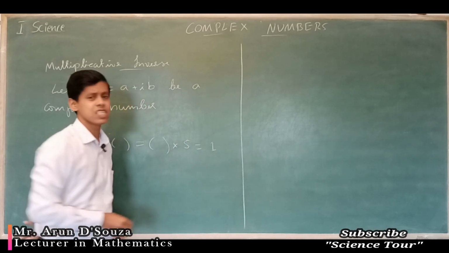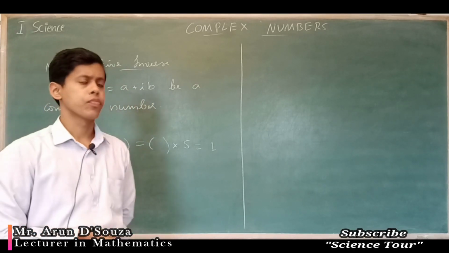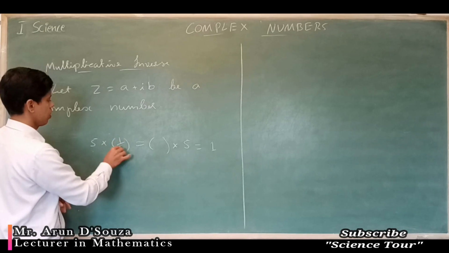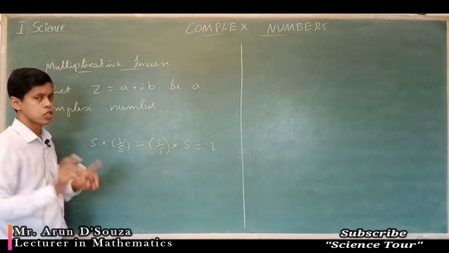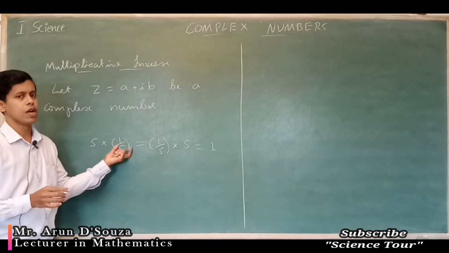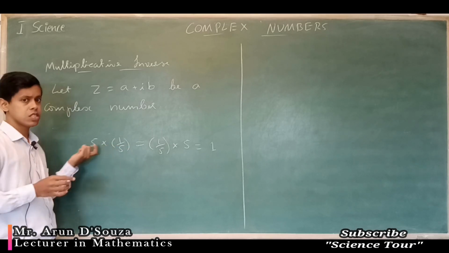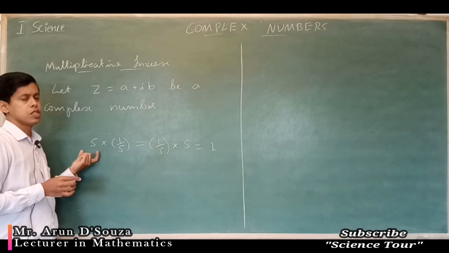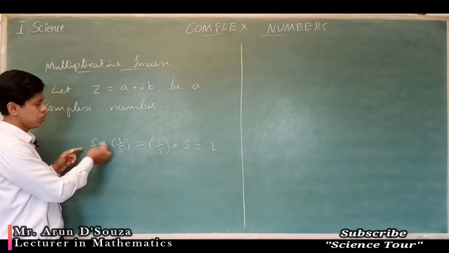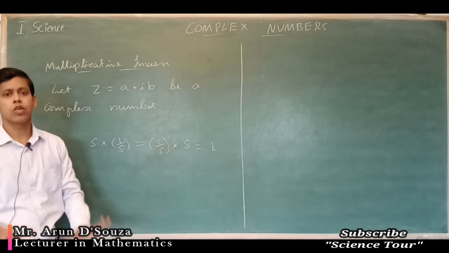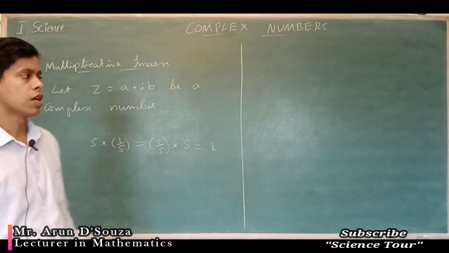So what is the identity for multiplication? 1. Right? Now what number comes here? 1/5, is it not? So what you understand is 1/5 is the multiplicative inverse of 5. Okay, so when you multiply the number with its inverse, you should get identity. That is the concept of this inverse, right?